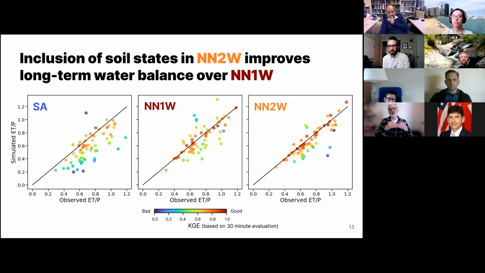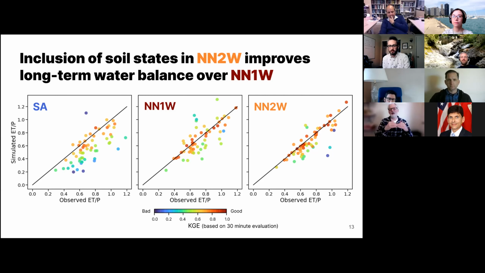We calibrated SA, and we trained NN1W separately. Then when we trained NN2W, we needed to include SUMA model outputs in the training data to incorporate those states. It turned out that including soil moisture states or soil states from SA doesn't give you informative training data. When you train NN2W with states from SA, the trajectories of the soil states are so different that it doesn't appear very useful.